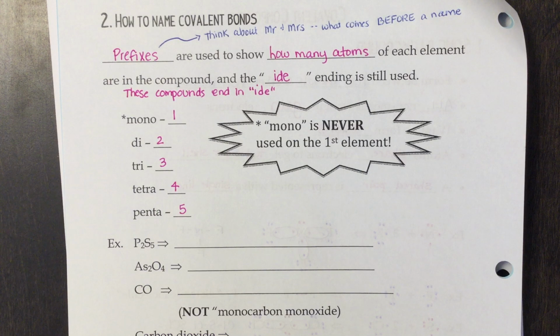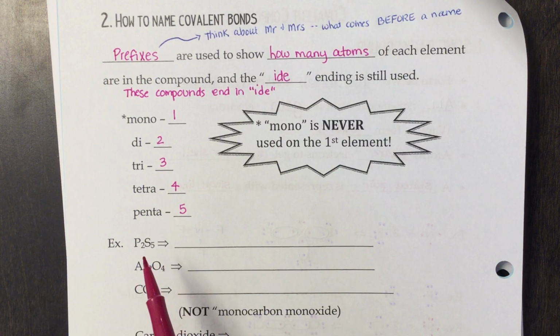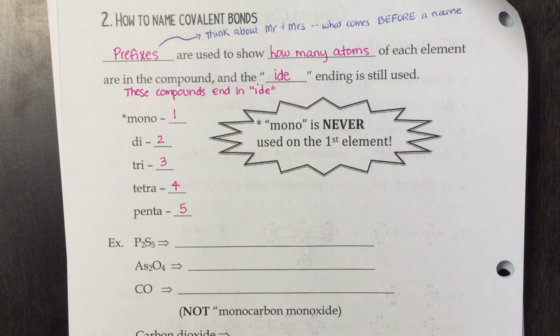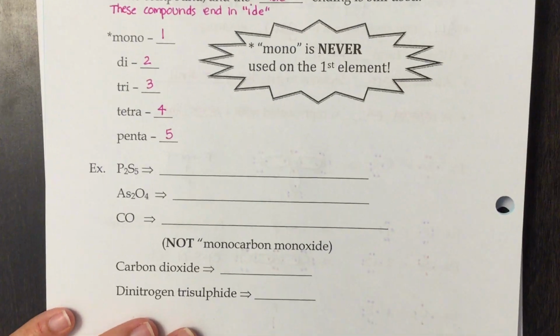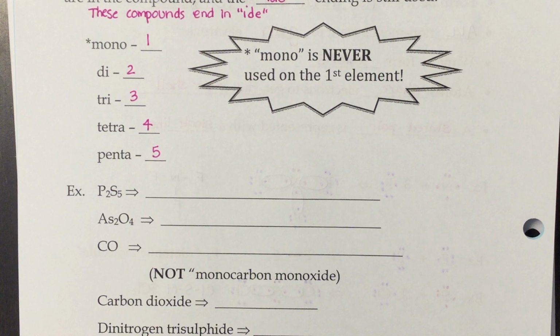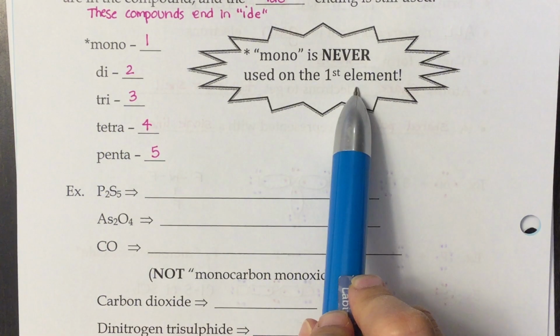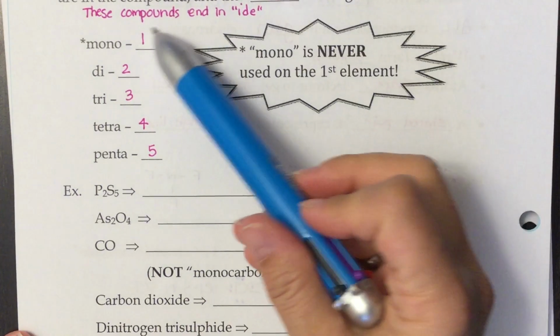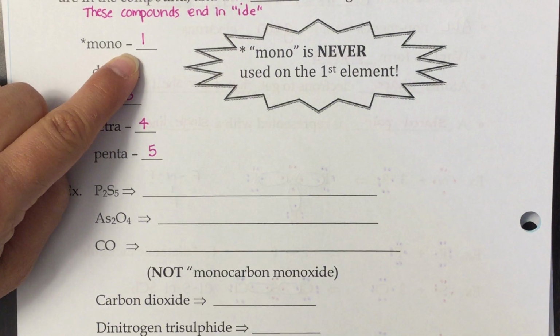And on your larger periodic table, there was a list of all of these prefixes that went all the way up to 10. So let's give it a try here. Remember, that's why this little thing here says mono is never used on the first element. So we put these prefixes in front of each element except for mono.